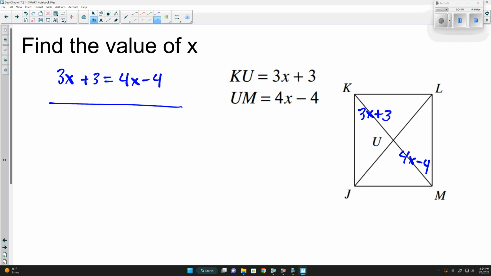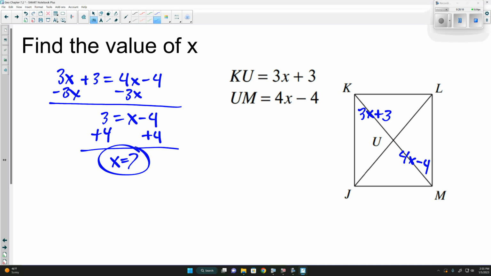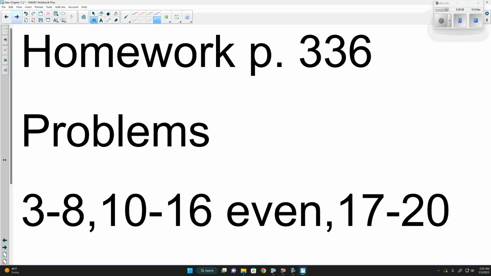Well, since we have an equal sign, we can subtract 3x first, which will tell us 3 is equal to x minus 4. Then we would add 4, so x is 7. If we needed to find the lengths, we could plug it back in and then simplify, and that'd be it. Any questions on any of this here? And that is it.